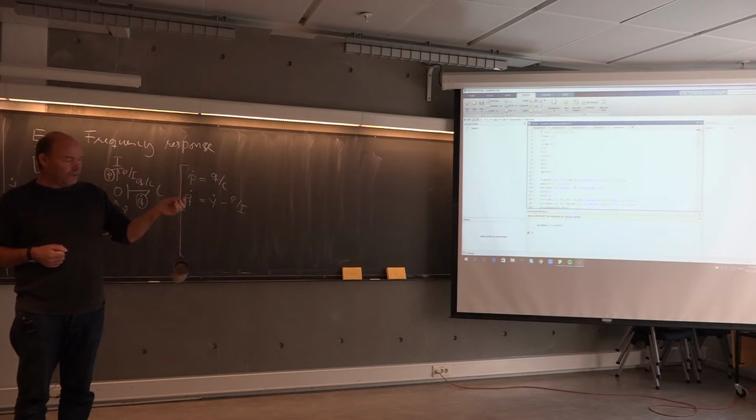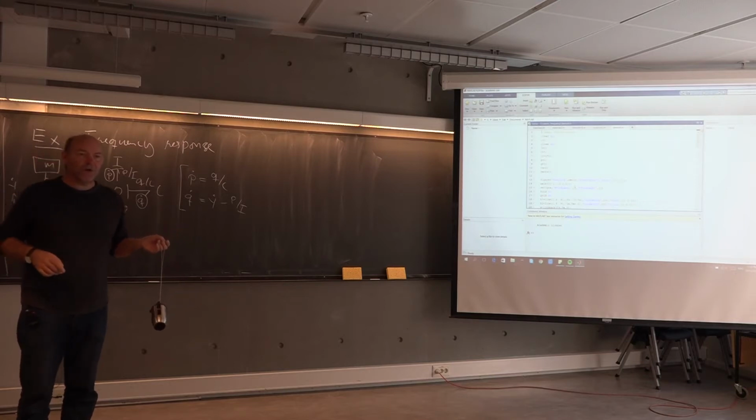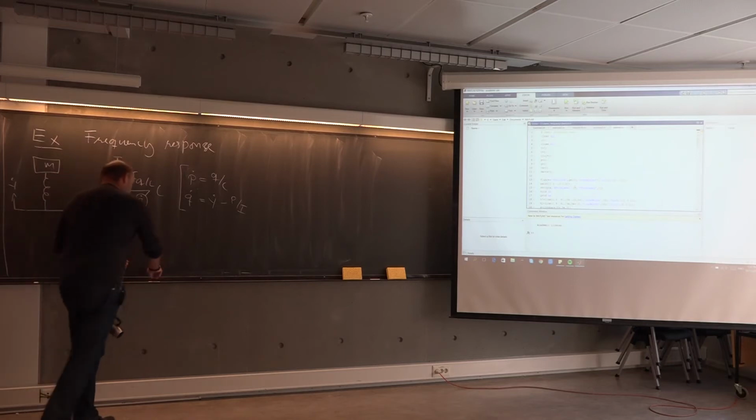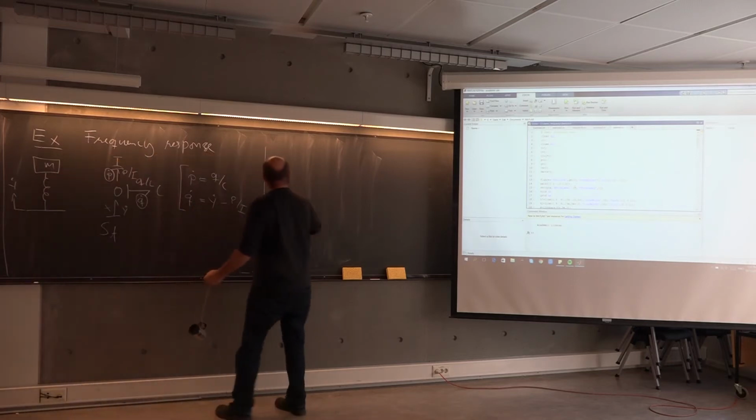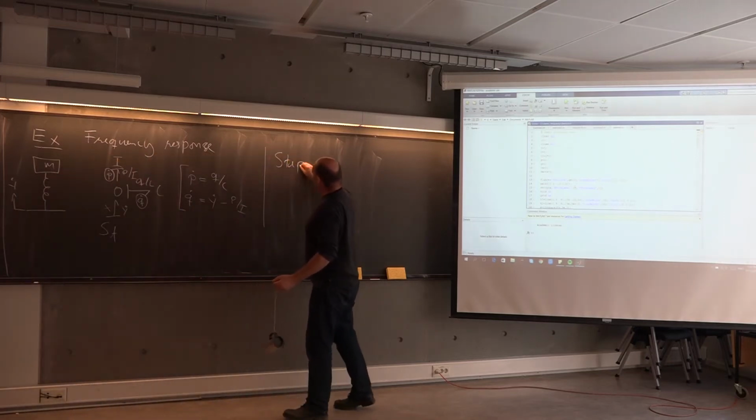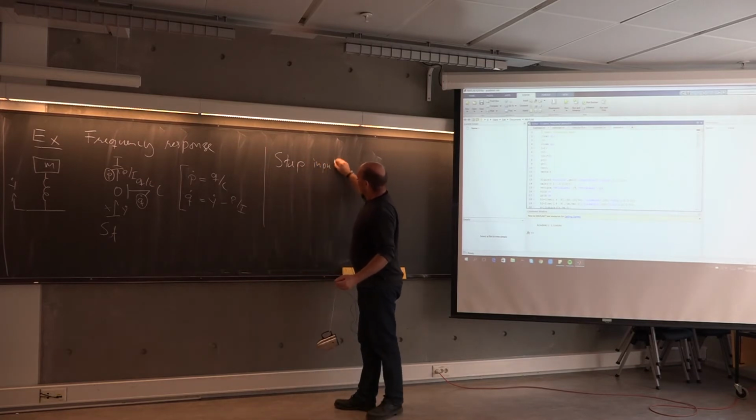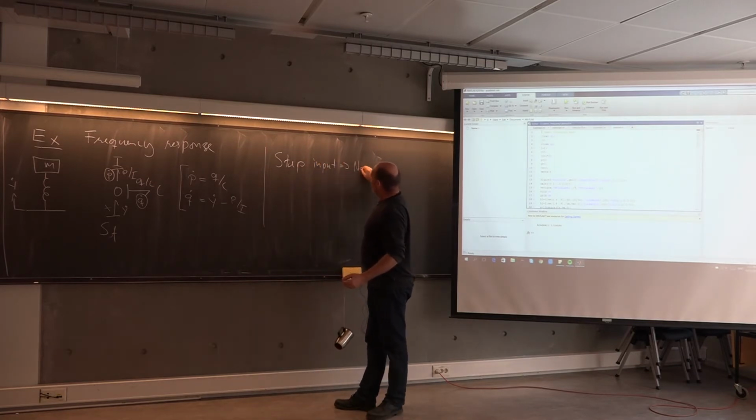You just move it a little bit and then you will see its natural frequency. So that's the response for a step input. Step input, you will see the natural frequency.